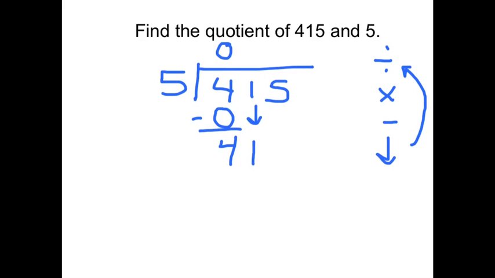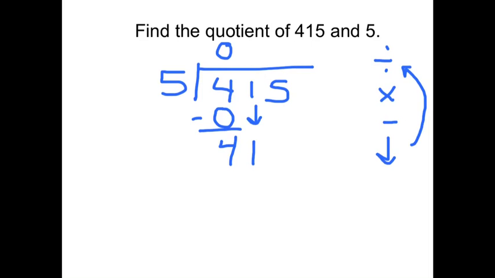Now we want to say, how many times does this 5 go into the 41? That's where we're working next. So, divide, we're in this division step up here. 5, skip count it until you get to as close as you can get to 41 without going over.